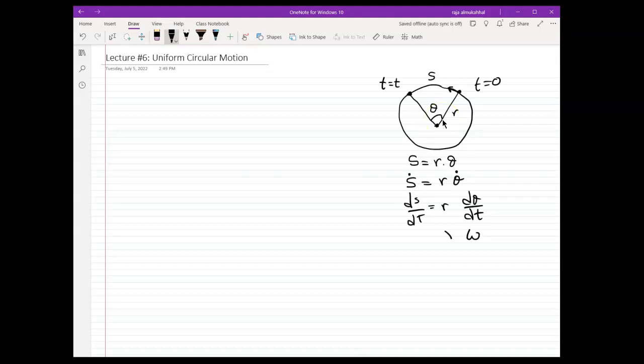So omega is d theta dt, or the change of the angle, the angular displacement, with respect to time, okay? So omega is angular velocity.